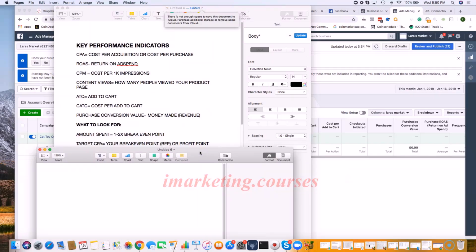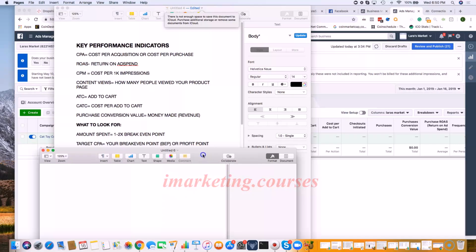Now, target CPA. You want to look at your target CPA, which is going to be your BPE, your break-even point, or profit point, same thing. So if you're selling a product and your profit is $20, you want a target CPA to be $20 to break even.